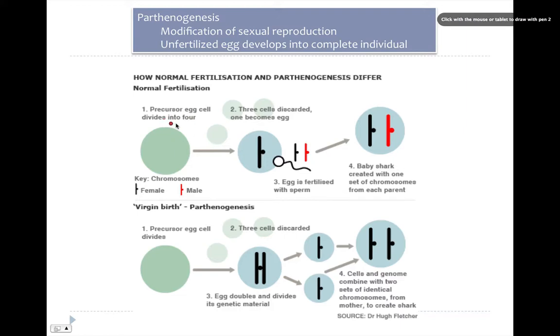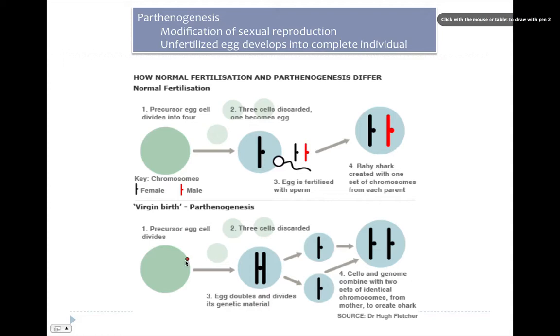A precursor egg divides into four. Three of them will become discarded polar bodies, and this one here will have half of the female's genetic content. When a sperm enters into the egg, that doubles the genetic content, and there's a full set of genes ready for this particular animal. And this one here, they're focusing in on a shark.